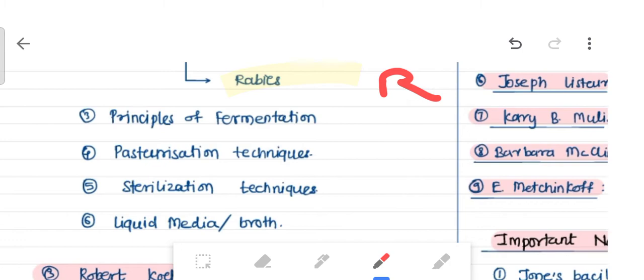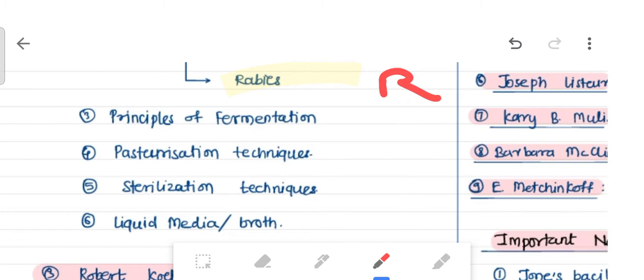The Holder method is 63 Celsius for 30 minutes, and the flash method is 72 Celsius for 20 seconds. As we know, as the temperature increases, the time decreases. Except for Coxiella burnetii, the Holder method is not used.